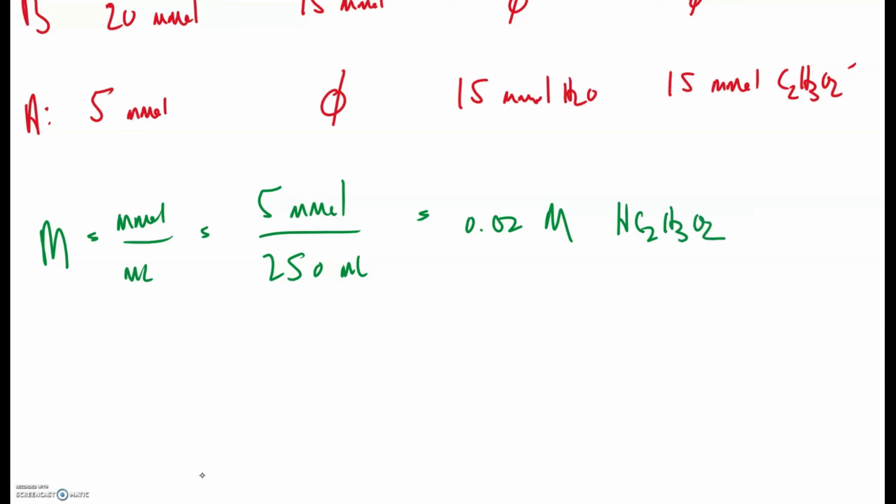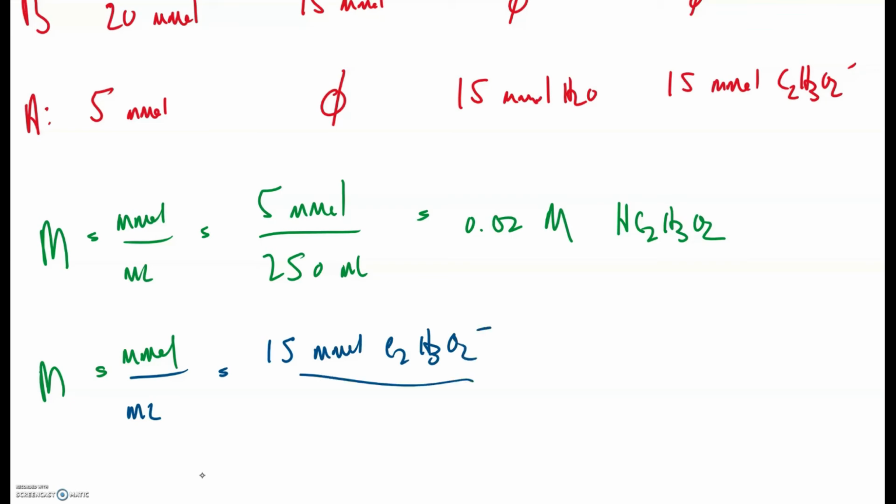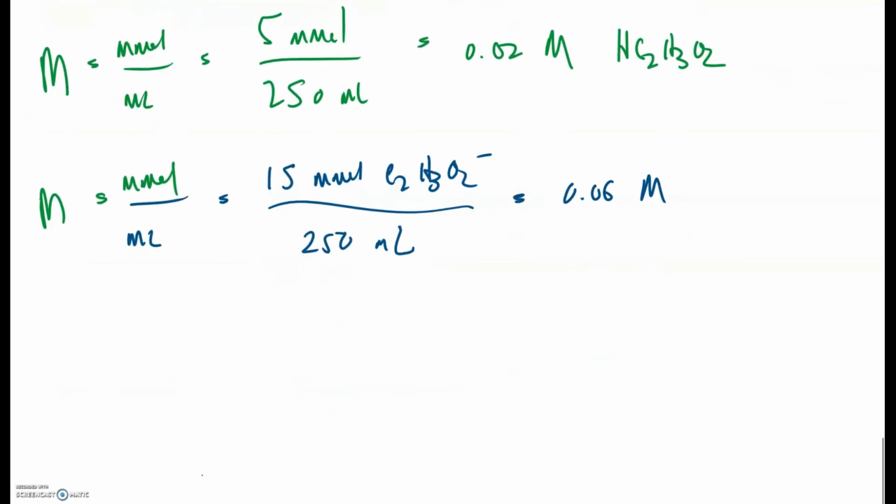And let's do the same thing for our base. If molarity is equal to millimoles over milliliters, now we have 15 millimoles of acetate over our 250. Isn't this interesting that now the concentration of base is slightly higher than that of acid? Well, let's just see what happens. 15 divided by 250, and this is 0.06 molar.